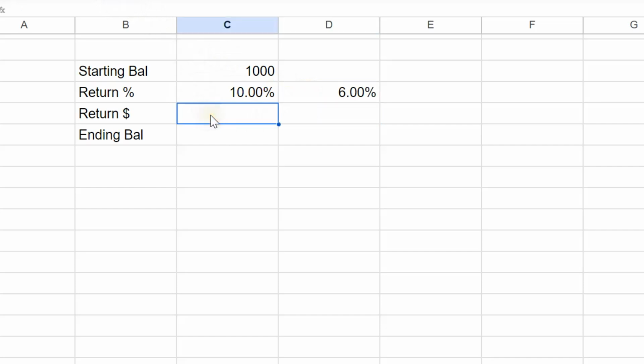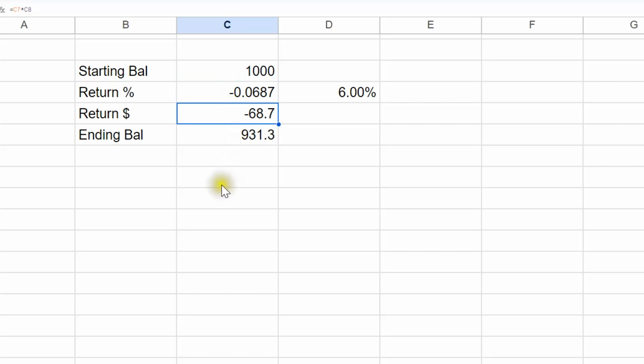So the return in dollars equals that times that, a $100 return. And then at the end of the year, we would have that plus that for a total of $1,100. And then, of course, as your return changes, you might have a 4% return, you made $40, and you would have $1,040 at the end of that period.